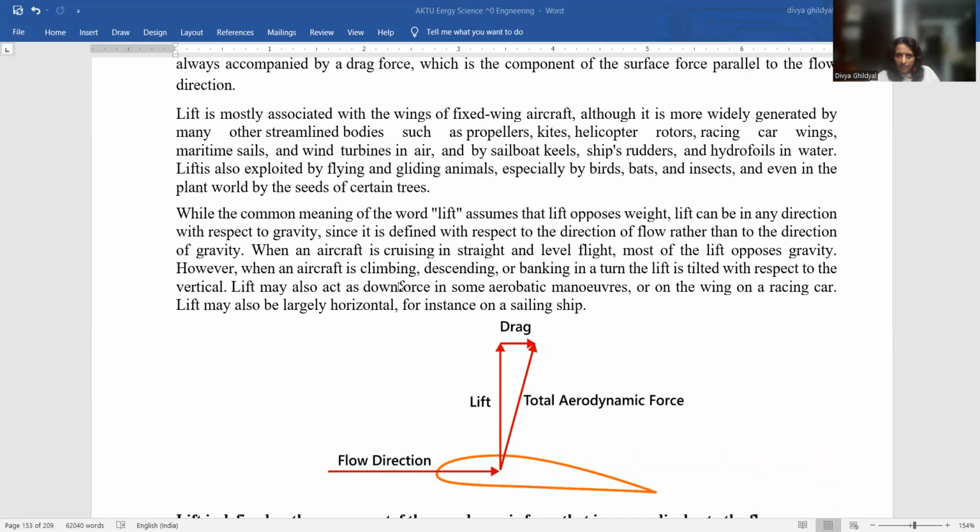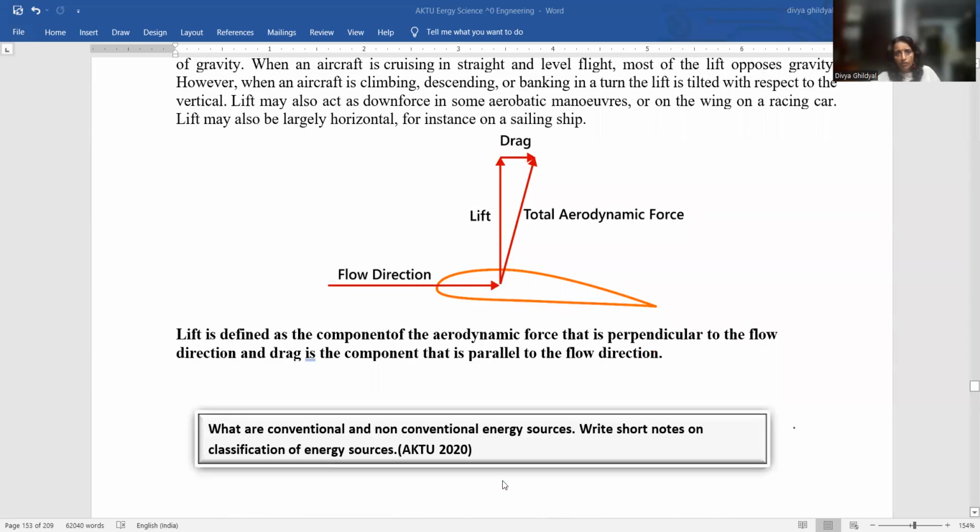And when an aircraft is climbing, descending, or banking in a turn, the lift is tilted with respect to the vertical. Look here in this diagram, you are seeing it. It is tilted with respect to the vertical. Lift may also act as a downforce in some aerobatic maneuvers or on the wing of a racing car. Lift may also be largely horizontal, for example, in a sailing ship.